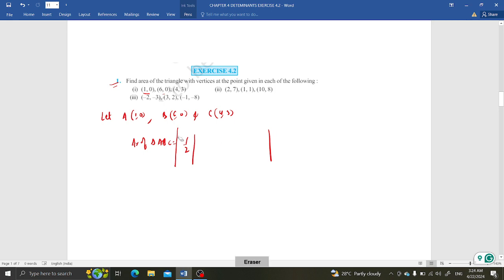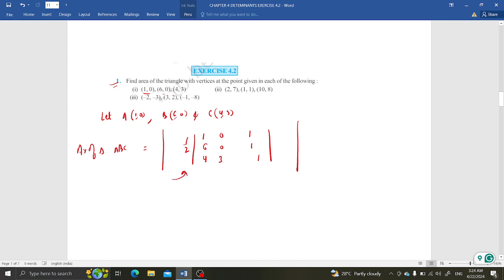So what I will do, here I am writing area of triangle ABC, and after finding the area I'll take the modulus. So the points are 1 0 1, after that 6 0 1, and 4 3 1.